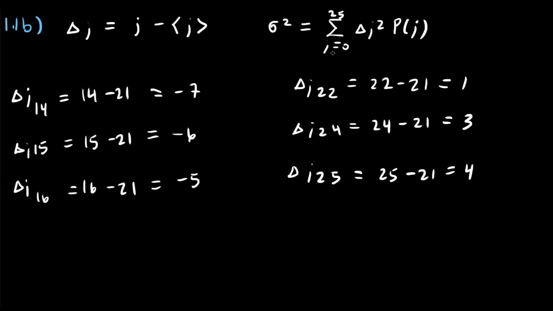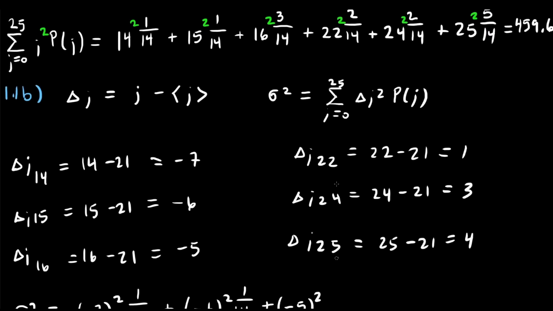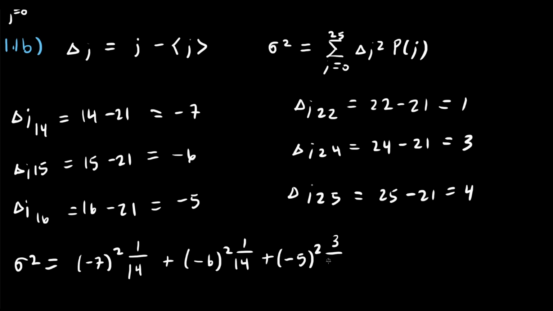Now that we have all the delta j's, we can just plug them into this equation here. So sigma squared is equal to negative 7 squared, and the probability of getting 14 is 1 over 14, plus negative 6 squared, and the probability of getting this will be 1 over 14, plus this will be 3 over 14, and we'll do the rest.